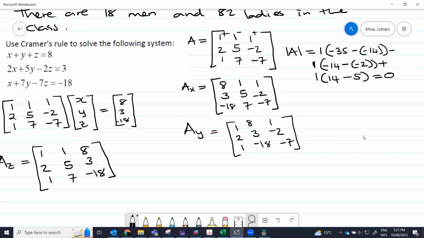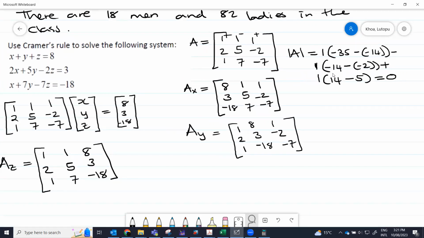Okay, then you do the same thing with this one here. The determinant of AX, just move this down.